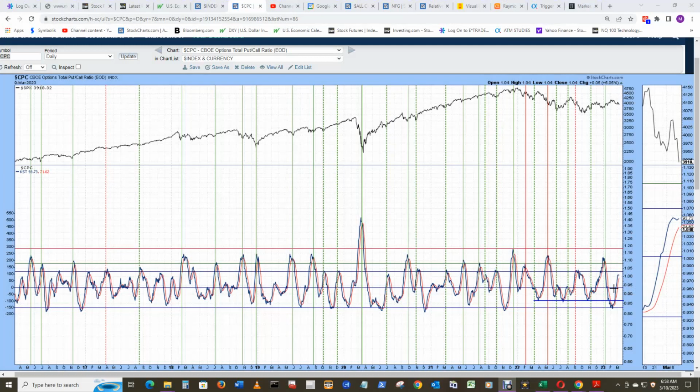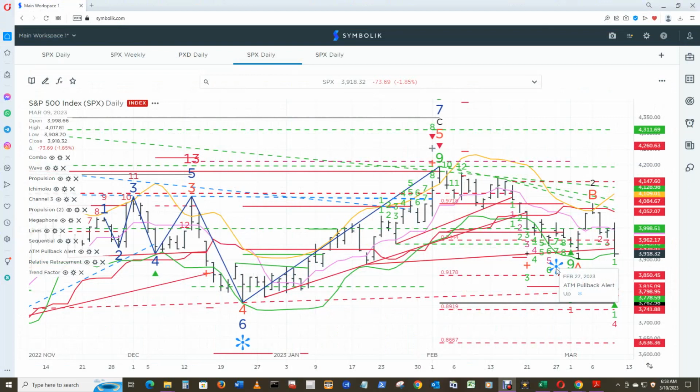One of these, if it doesn't and gets back to zero, then that's just proof that we're in this range, and price is being held in check by the ATM pullback alert here in the DeMark daily chart, which indicates more possible upside.